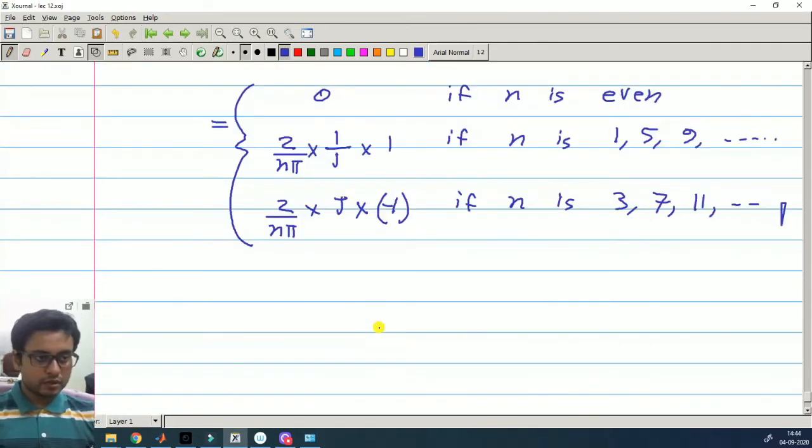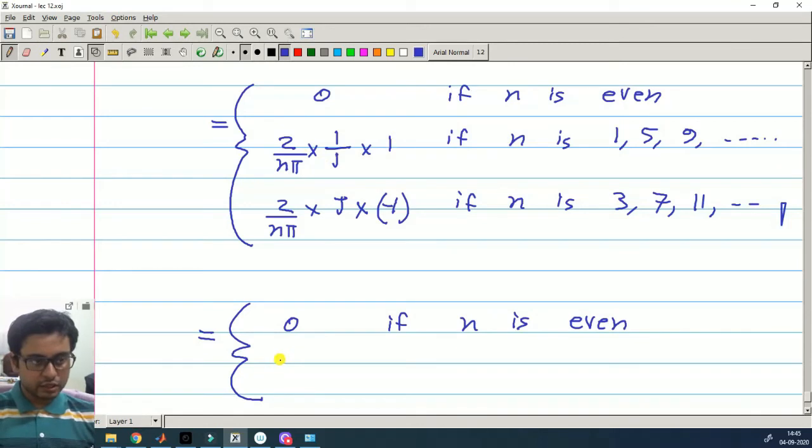Now this can be written as 0 if n is even, and you can see that these two can be written together as 2 over n pi j, if n is odd.